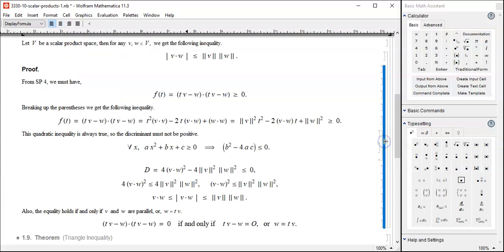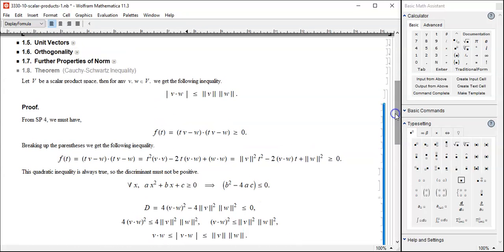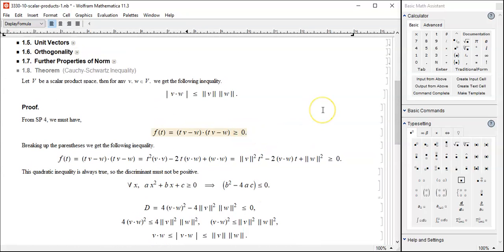Okay, let's set up this problem like this. Out of nowhere, let's consider this function, f of t equals tv minus w, scalar product of tv minus w. So this is a scalar product of itself, so always greater than or equal to 0. Does it make sense?